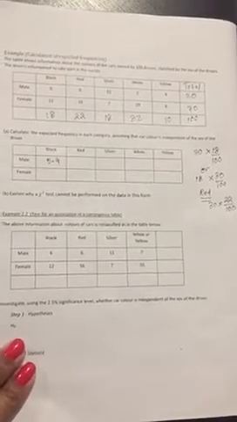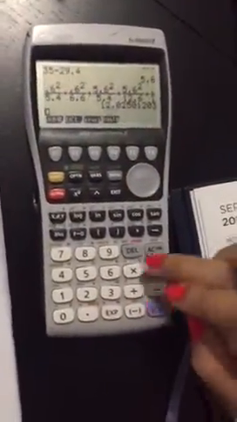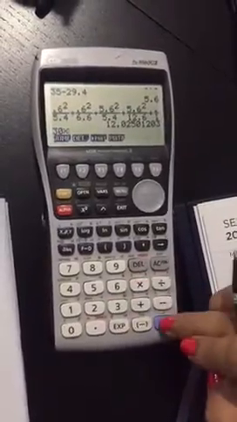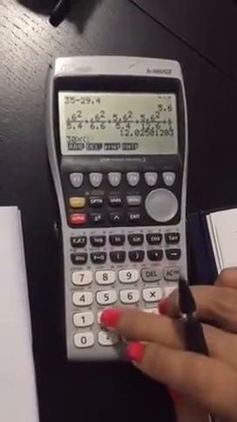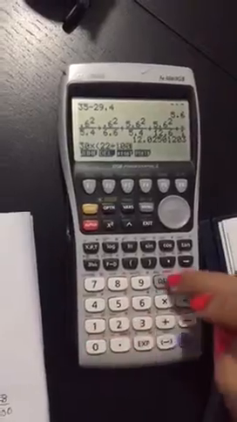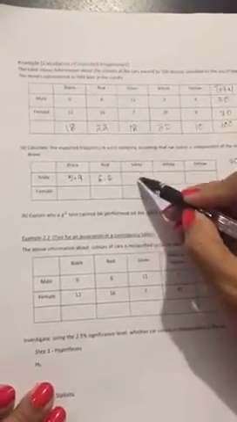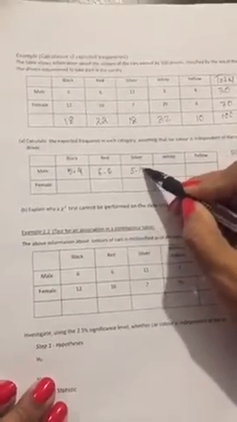So if I quickly do that, that's 30 times 22 divided by 100, which is 6.6. And you do that for all the categories here.